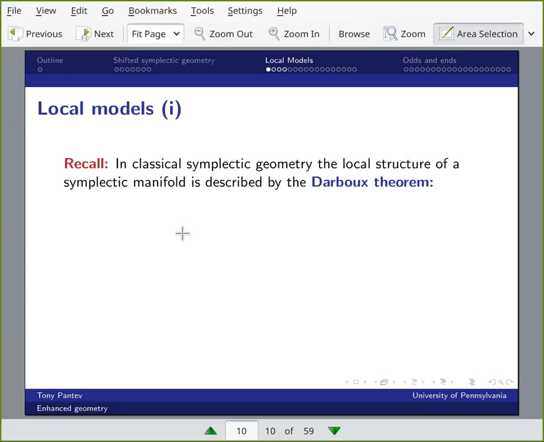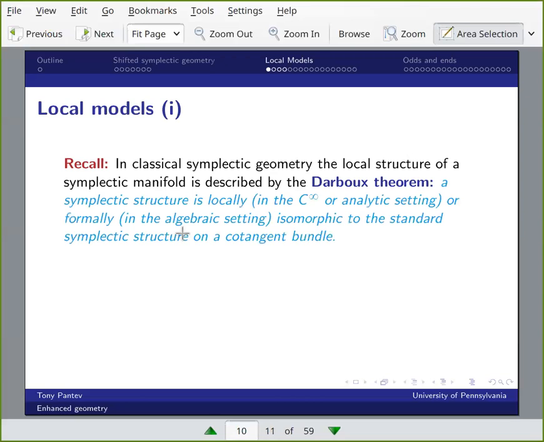There is the Darboux theorem, which says that if we are on a usual differentiable manifold, or an algebraic manifold, or an analytic manifold, and I have a symplectic manifold with a Lagrangian, then locally this pair always looks the same. It looks like the cotangent bundle of the Lagrangian as a symplectic manifold. It's locally isomorphic to the cotangent bundle of the Lagrangian.